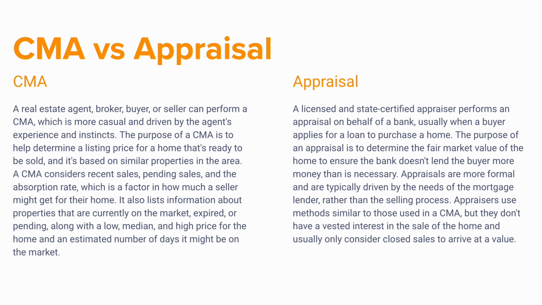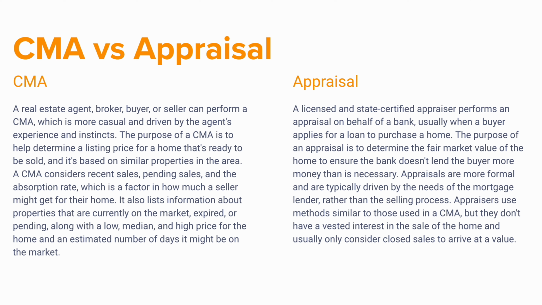The purpose of a CMA is to help determine a listing price and a pricing strategy for a home that's ready to sell, based on similar properties in the area. A CMA considers recent sales, pending sales, and the absorption rate, which is just a fancy term for the amount of time that it would take, based on a certain data set, for all of the listings in the market to sell based on supply and demand.